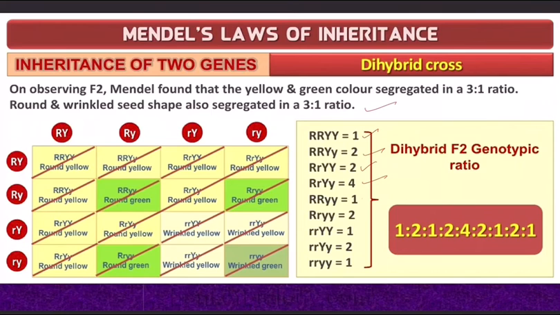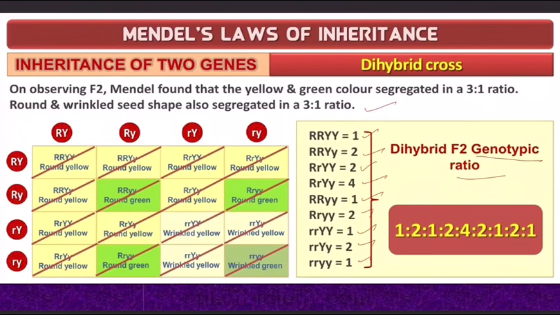What about the genotypic ratio? If you see the genotypic ratio, it is like this. Capital R, capital Y, 1, capital Y, this 2. So another capital R, capital Y, 2. Capital R, small y, 4. Capital R, small y, 1. Capital R, small y, 2.